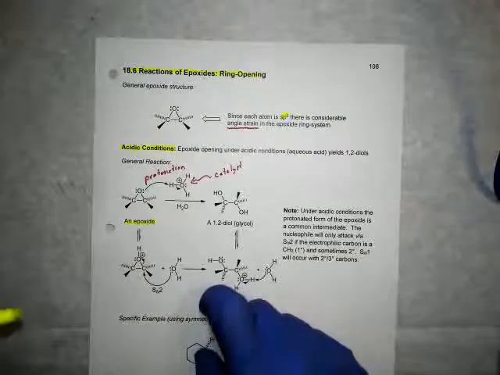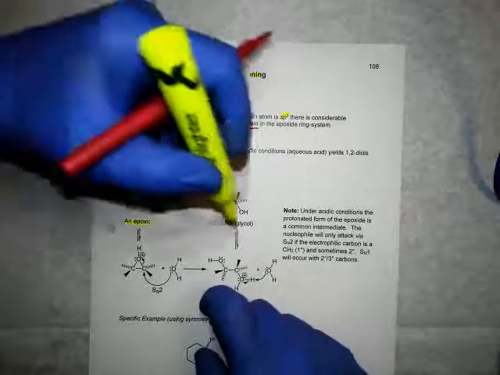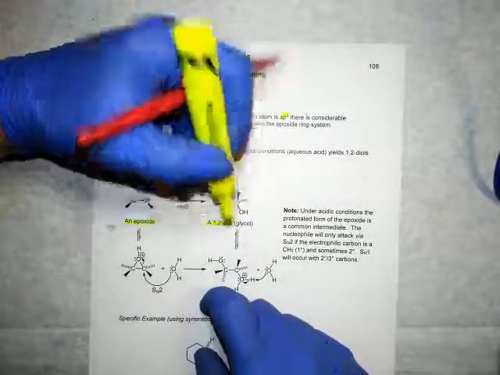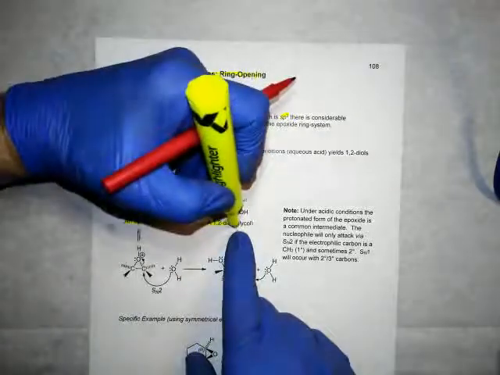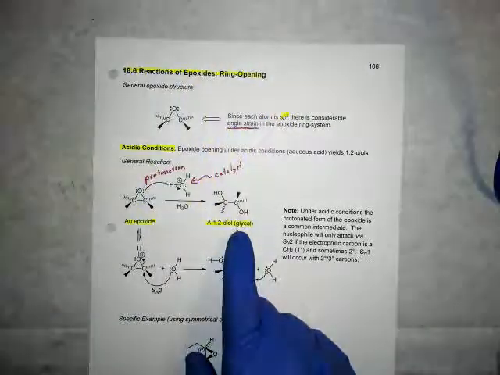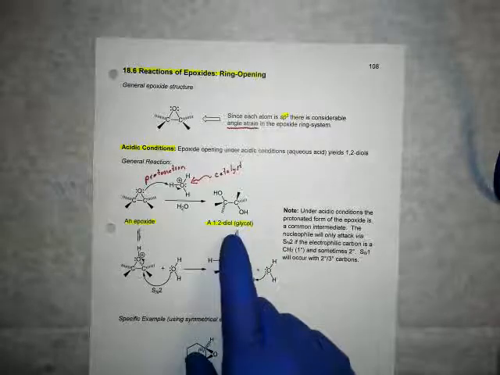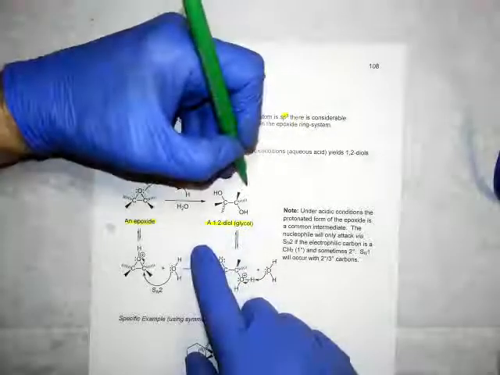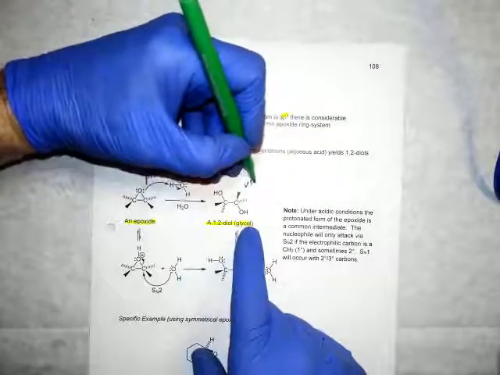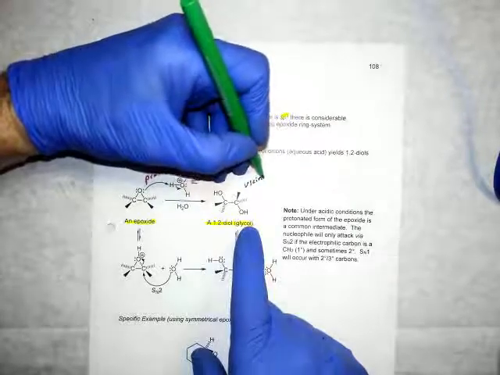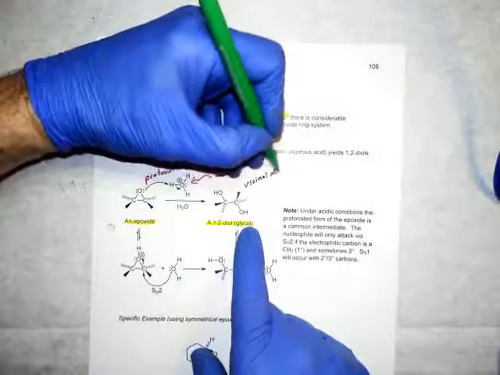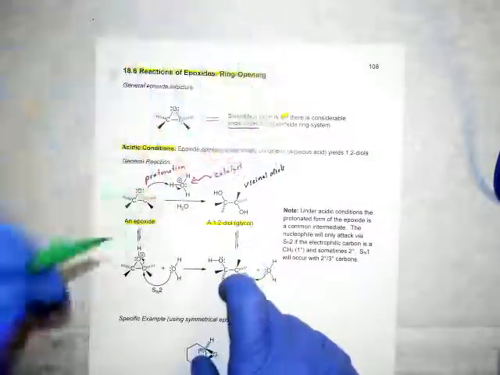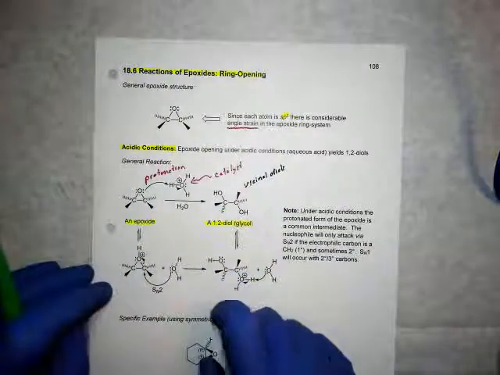The overall result is that you get a 1,2-diol, which we also said is referred to as a glycol. You may remember back in Organic 1 that we also referred to these as vicinal diols. Vicinal means the OHs are side by side.